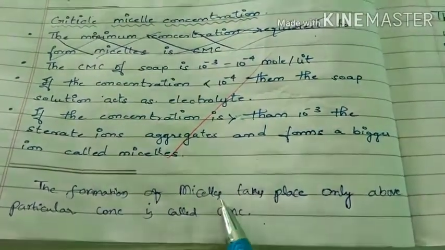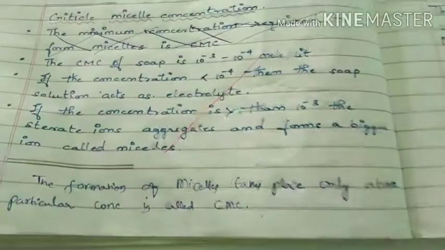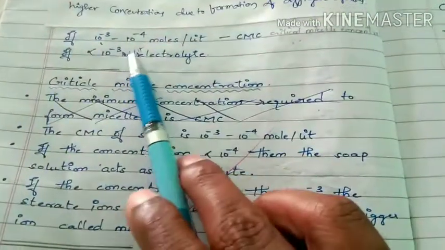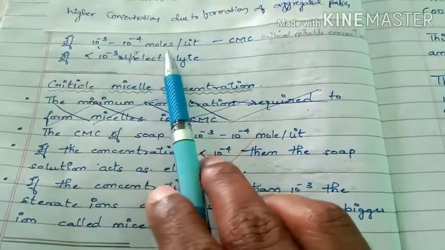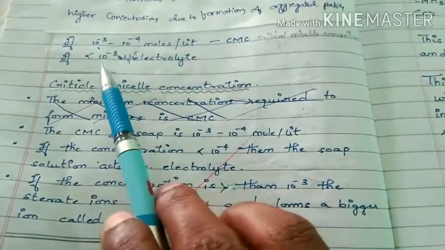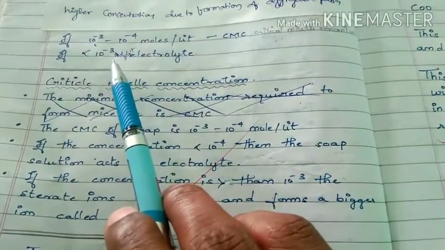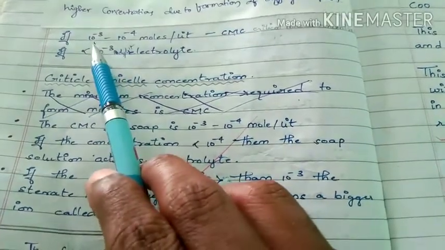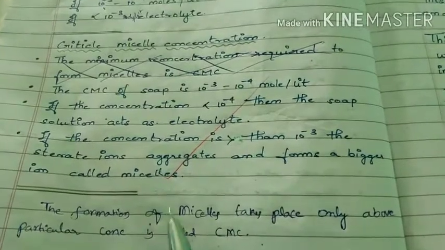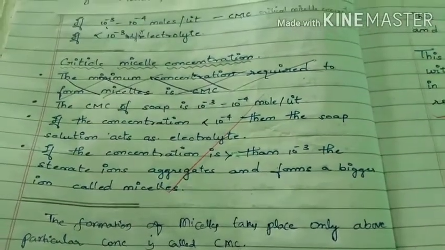See, this is the CMC for soap. Here formation of micelles takes place at which concentration? Above 10 to the power of minus 3. Then only that concentration is considered as critical micelle concentration.